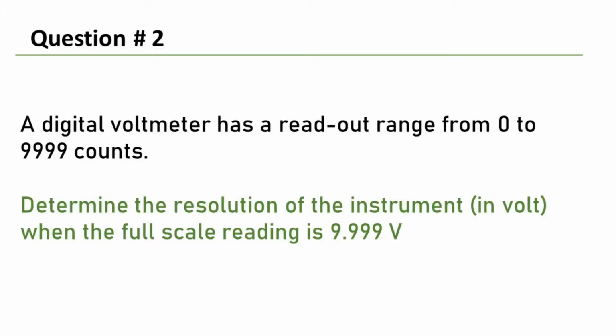Let's solve another problem. A digital voltmeter has a readout range from 0 to 9999 counts. Determine the resolution of the instrument in volt when full scale reading is 9.999 volt.